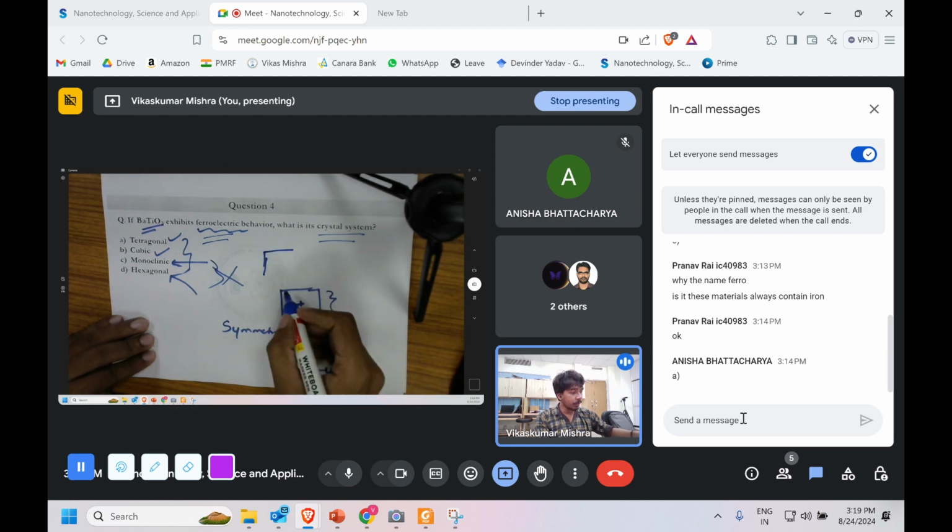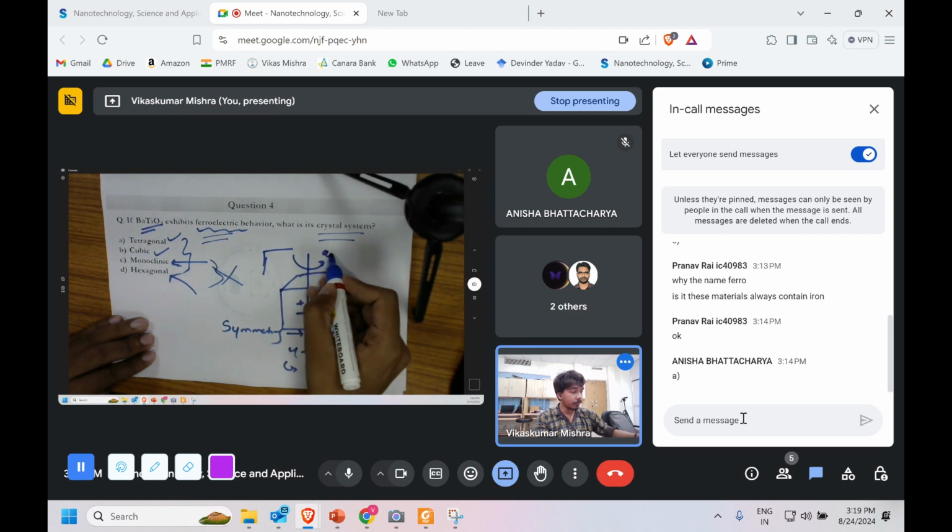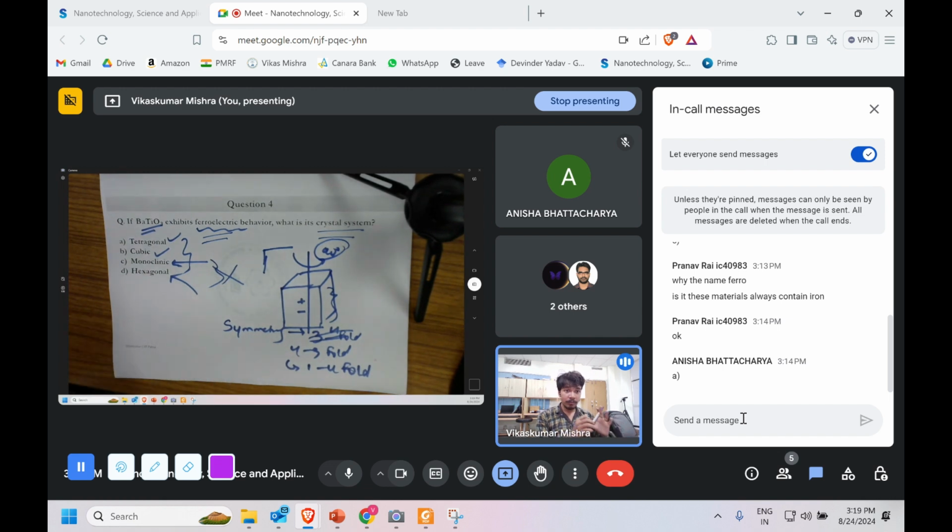If I'm seeing from the top, then only along this axis can it rotate by 90 degrees. So we took the cube, pulled it along one of the axes, and the cube has transformed to tetragonal.